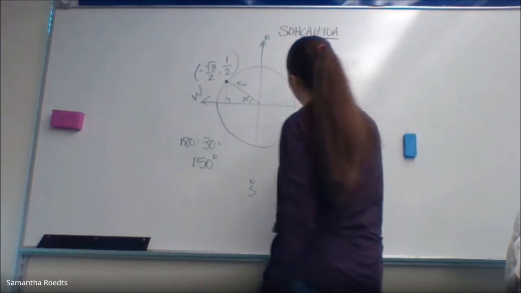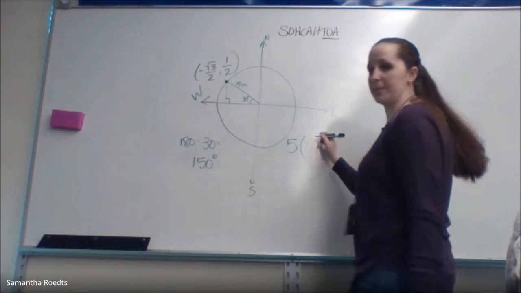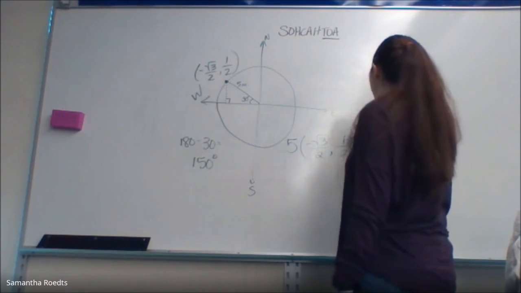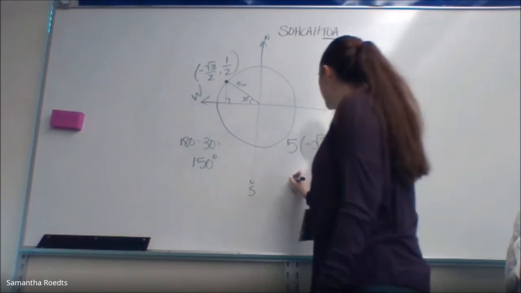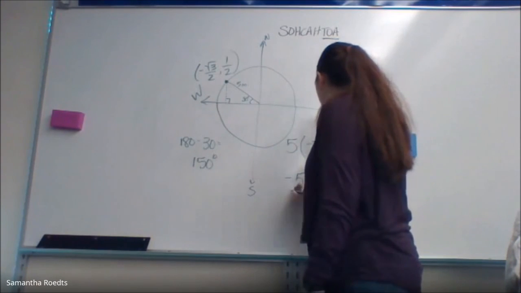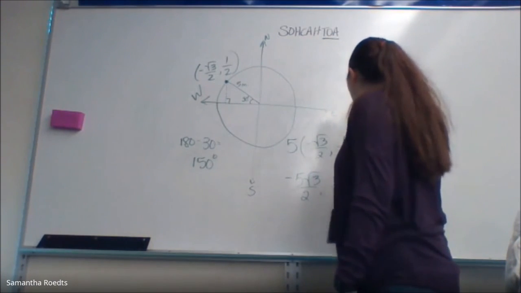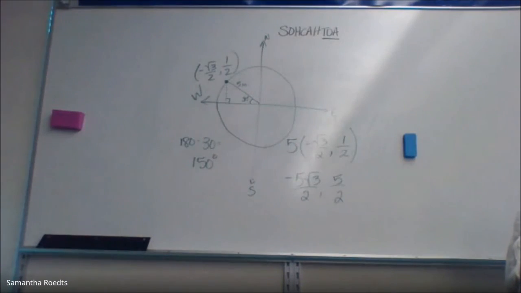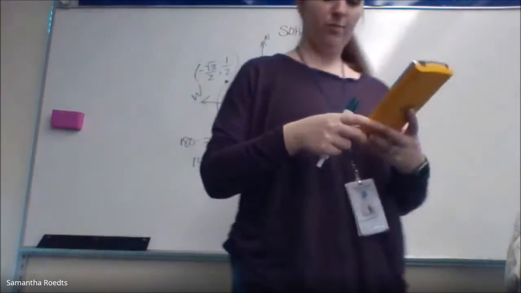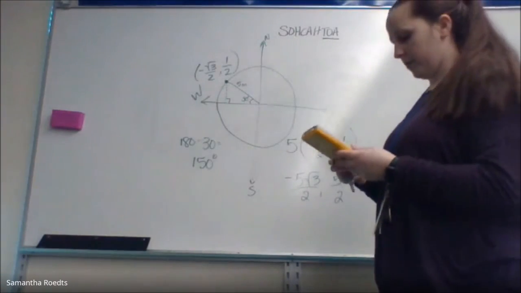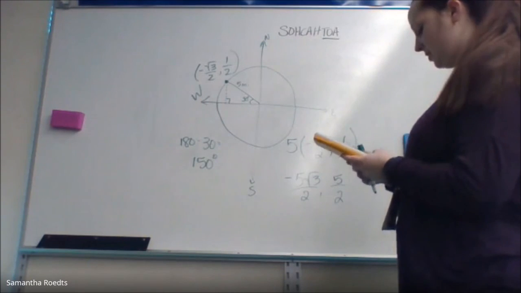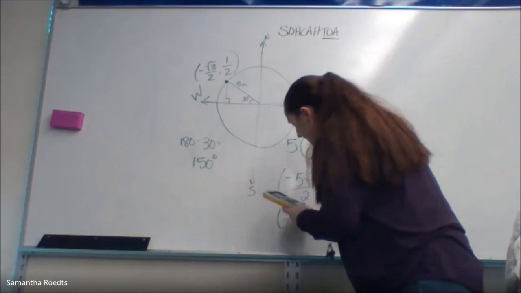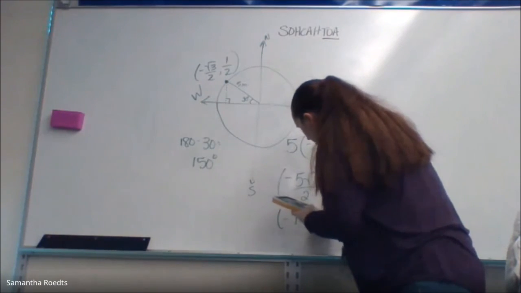So I multiply 5 times negative square root of 3 over 2 and 1/2. Okay, so this gives me negative 5 square root of 3 over 2 and 5/2. When I substitute that into a calculator, square root of 3 divided by 2, this is going to give me approximately negative 4.33.